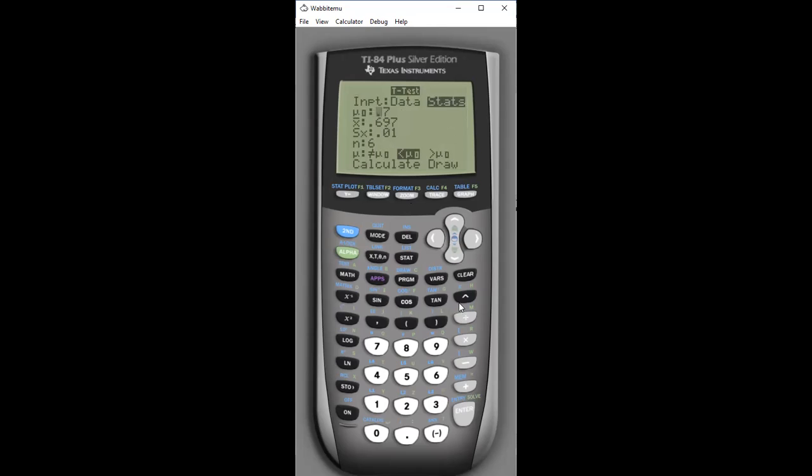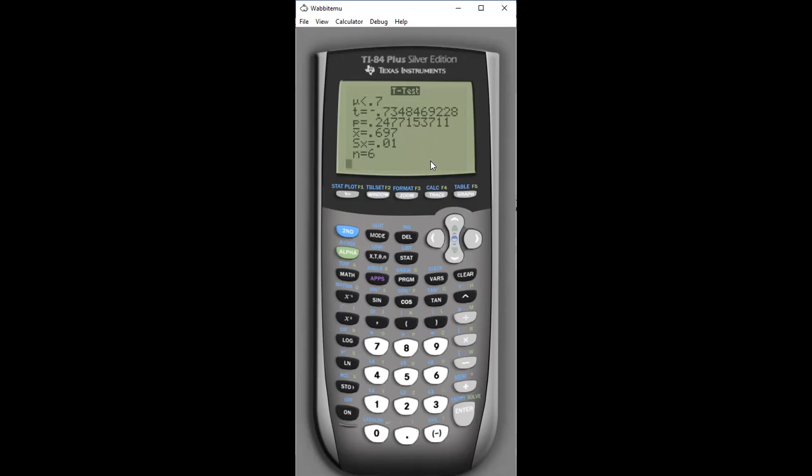Mu0 is 0.7, x bar is 0.697, and the standard deviation is 0.01, with 6 samples. You want to test if it's underfilled, so it's less than mu0. Then you calculate.